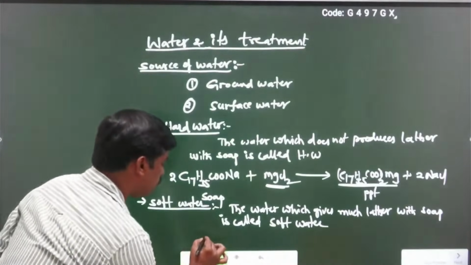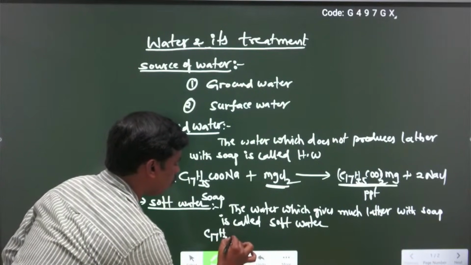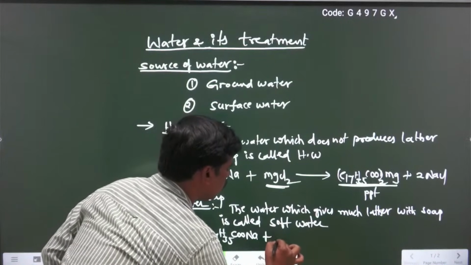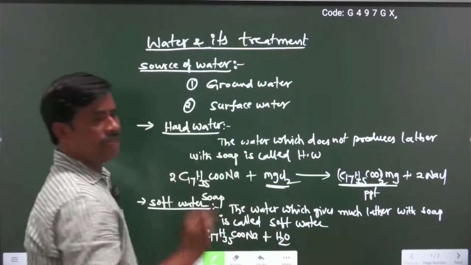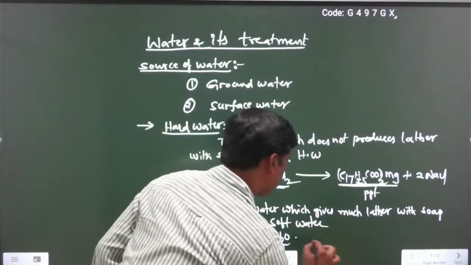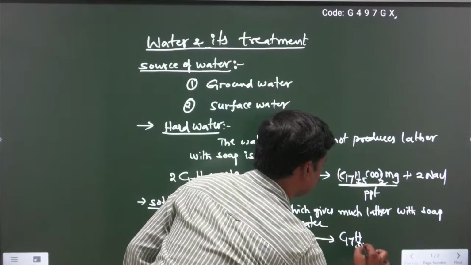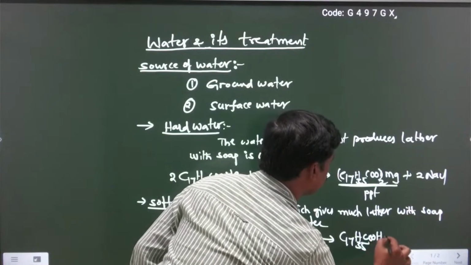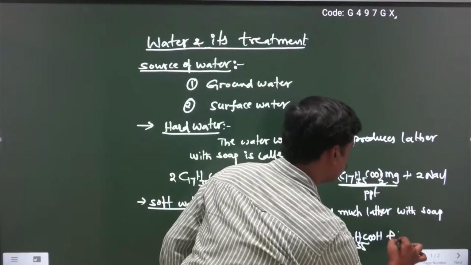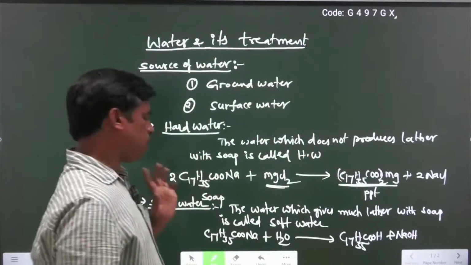Whenever soap reacts with soft water, which is only H2O with no dissolved salts, it directly reacts and produces C17H35COOH plus NaOH. This is hard and soft water.